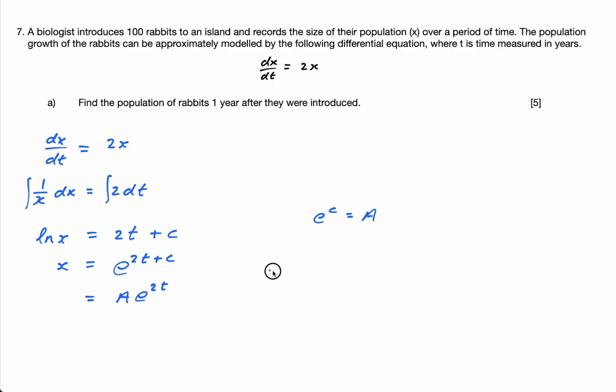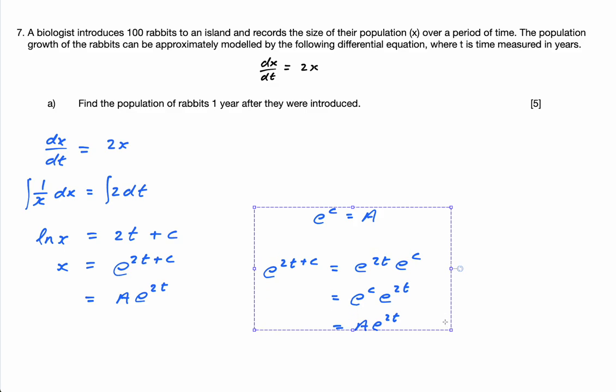That's because e to the 2t plus c equals e to the 2t times e to the c. So e to the c is just a constant, which is just a e to the 2t. It's just a nicer little way of doing it.